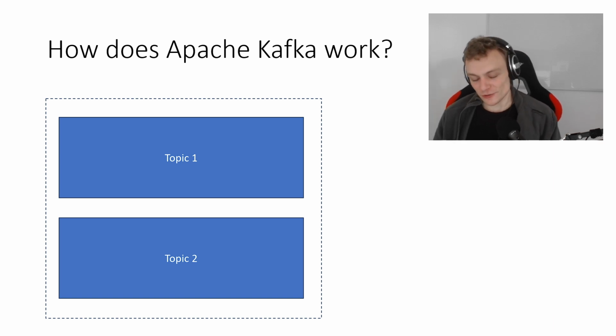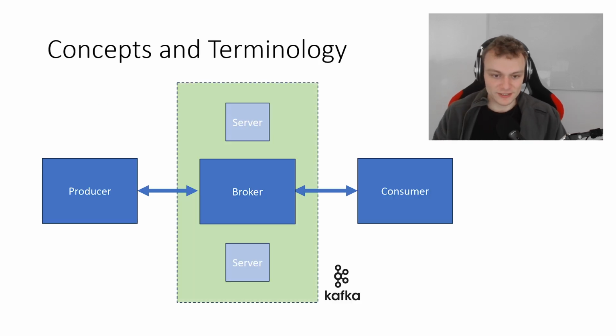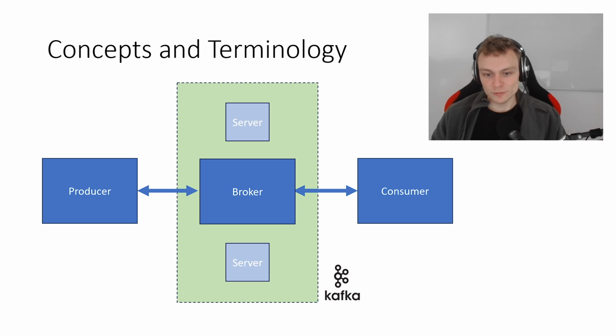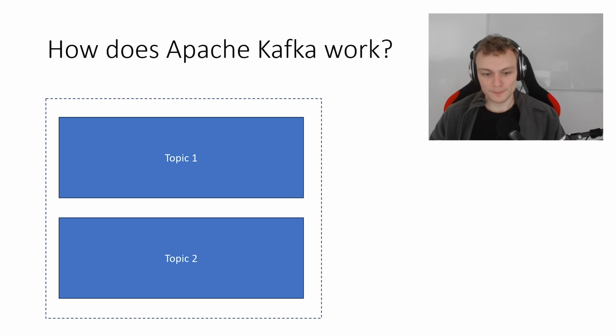All messages, all pieces of information that are similar belong into the same topic. So producers, going to the previous slide, write into the broker, and they write to a specific topic, and that can be an unlimited amount of topics. And similarly, the consumers that retrieve data from the broker read topics.